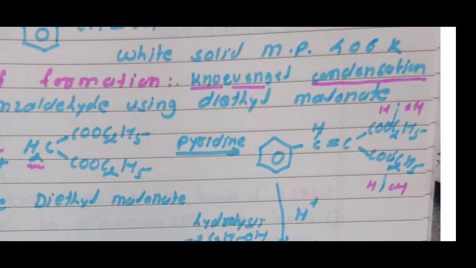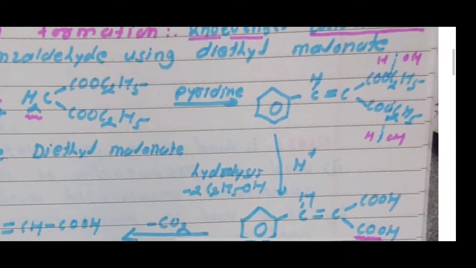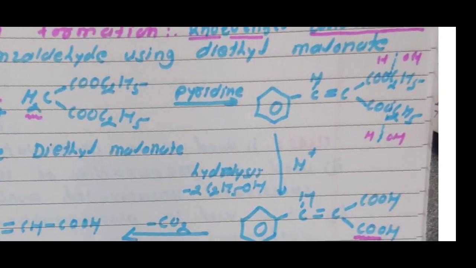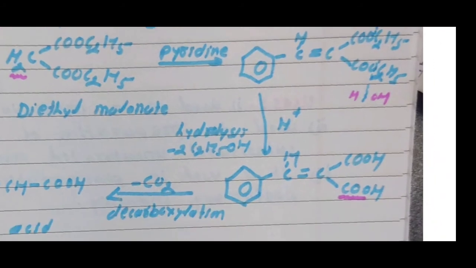Therefore hydrolysis of the condensed product requires two molecules of water and releases two molecules of ethanol. The product has the benzene ring as it is, CH double bond C, COOH, COOH. After hydrolysis the COO C2H5 groups are converted to COOH by releasing two ethanol molecules.